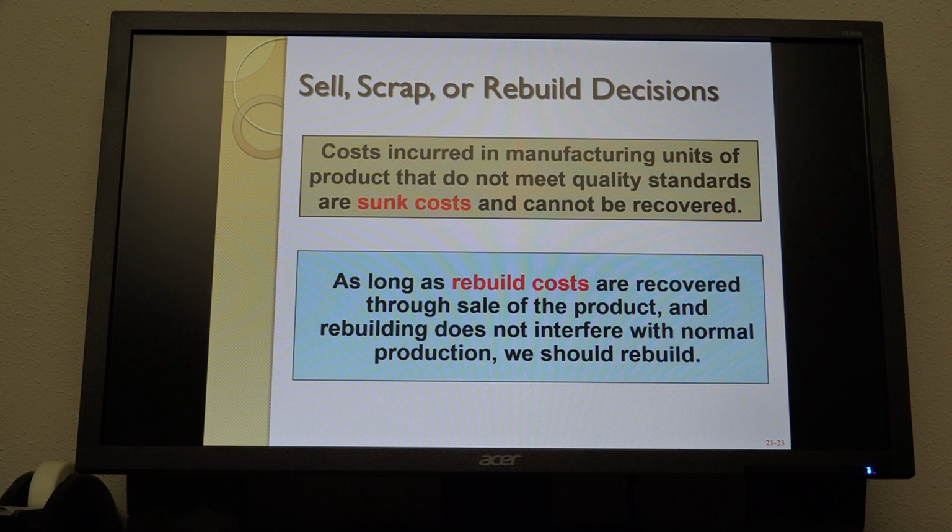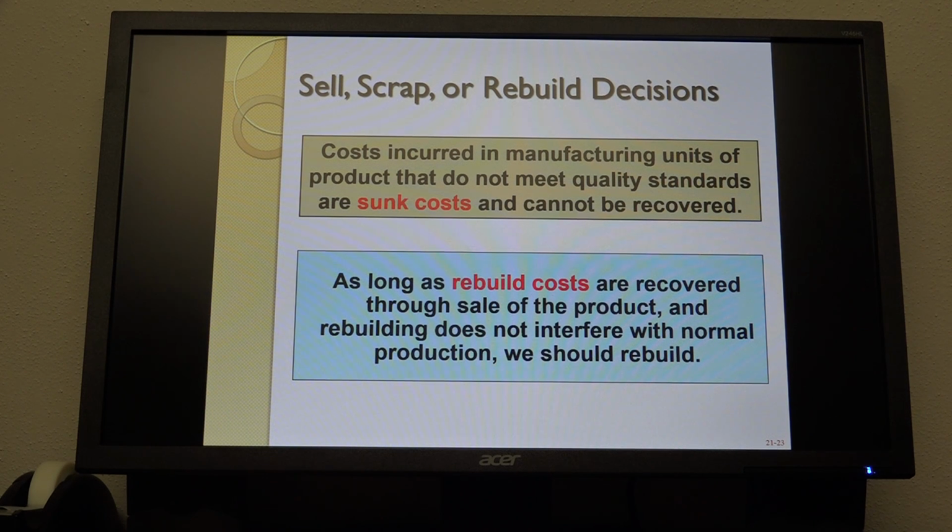In determining whether or not to rebuild the inferior product and make it marketable, you have to consider that as long as the rebuild costs are recovered through the sale of the product and rebuilding does not interfere with normal production, you should always rebuild.